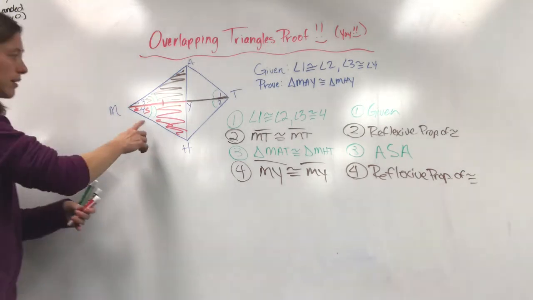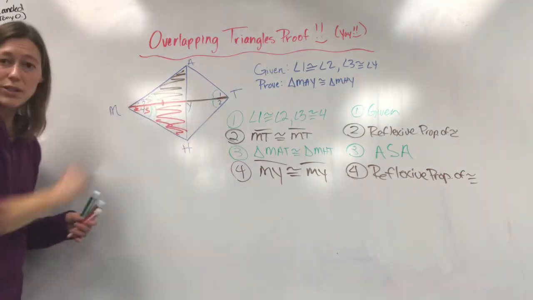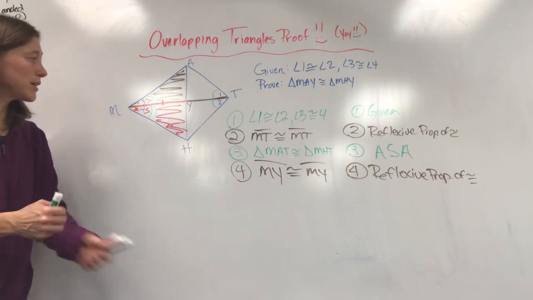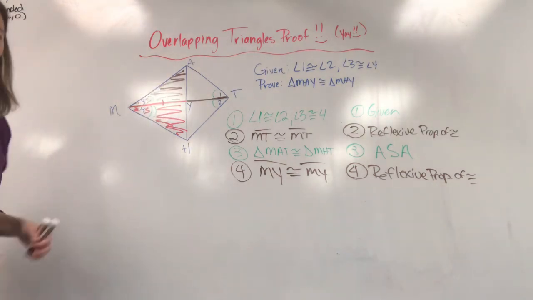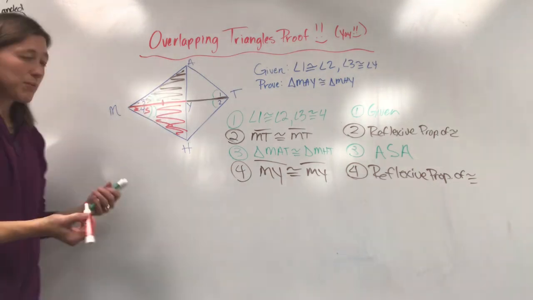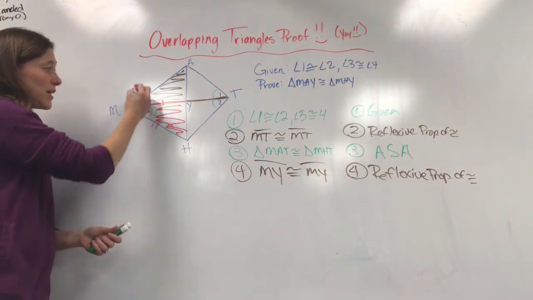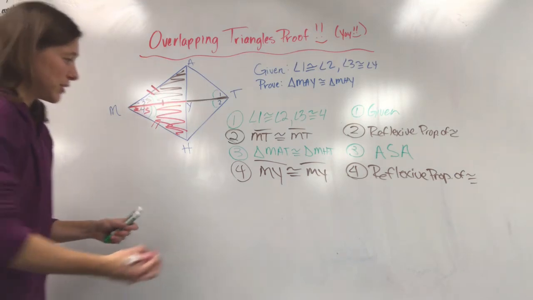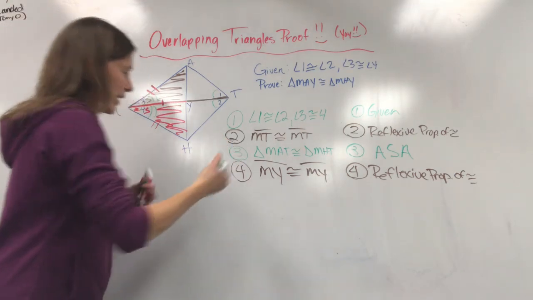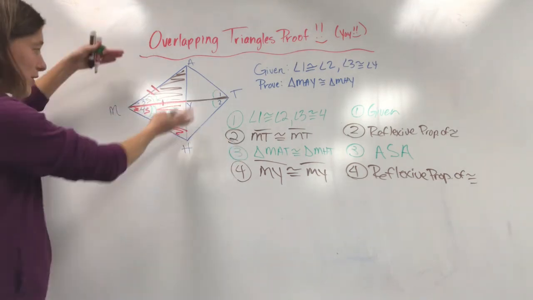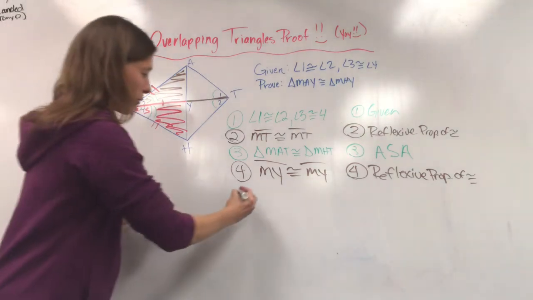And then if you look at the original triangles that we proved congruent and these two triangles that we're trying to prove congruent, they have something in common, and that's these two sides. So we can say that MH is congruent to MA, and that's because we had these congruent triangles. So that's corresponding parts of congruent triangles are congruent.